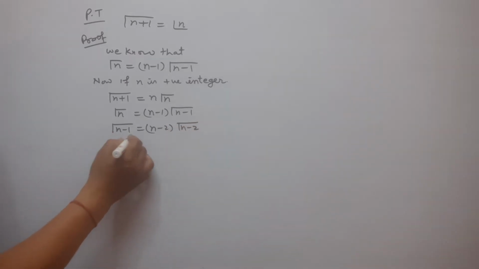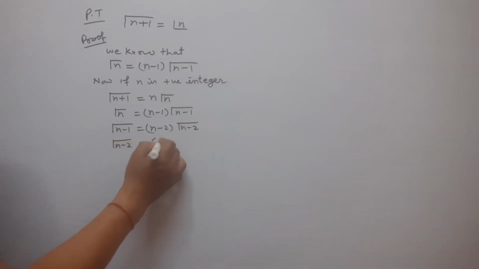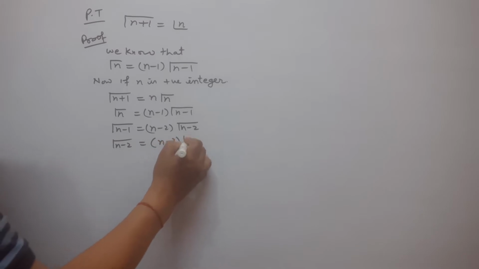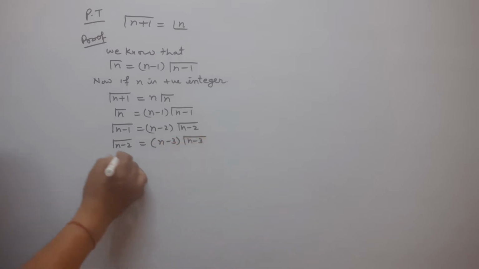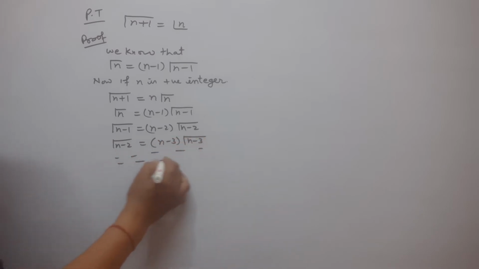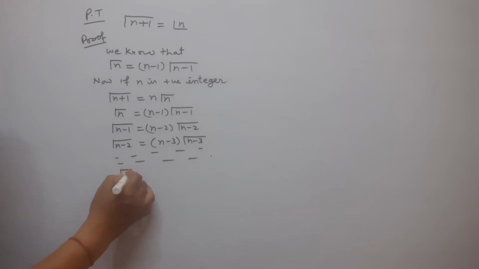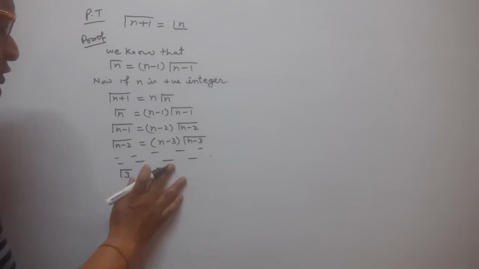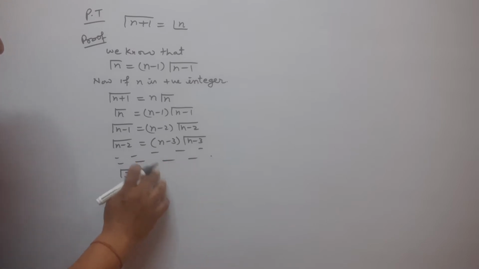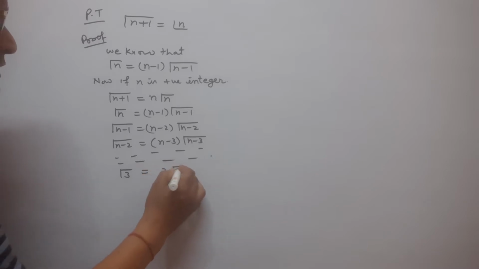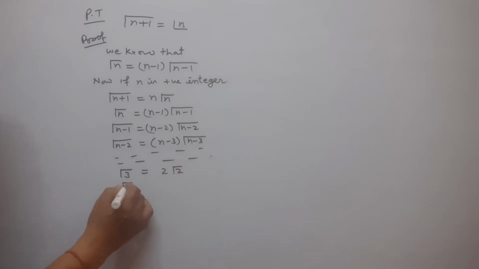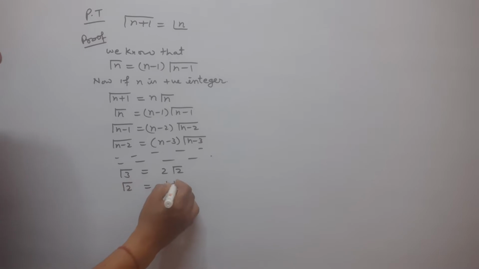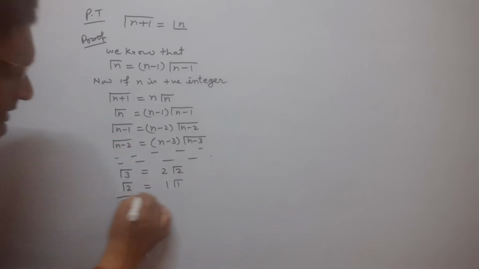When we take n minus 2, this is n minus 3 gamma n minus 3, and so on. Gamma 3 is equal to 2 gamma 2, and gamma 2 is equal to 1 gamma 1 here. So multiply side by side.